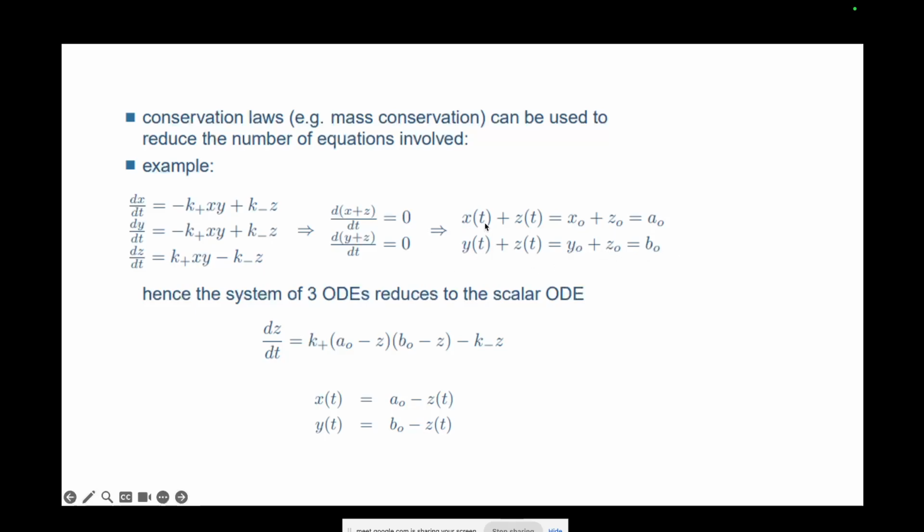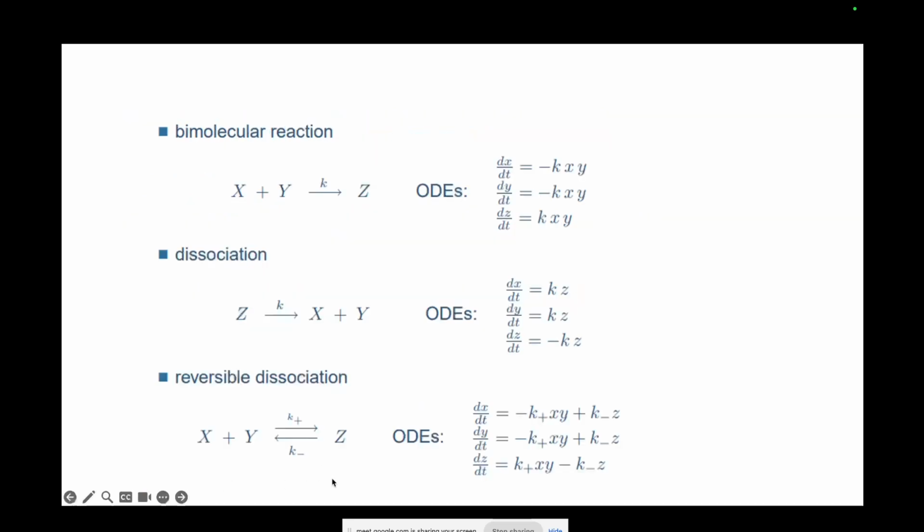Now, x becomes a naught minus z, y becomes b naught minus z, and you put them in this particular equation. So your three differential equations come down to one equation only, and this is the particular set of equations that you can use to describe this particular reaction.